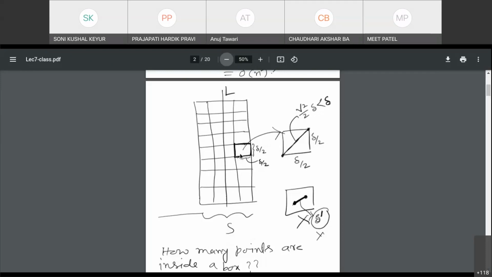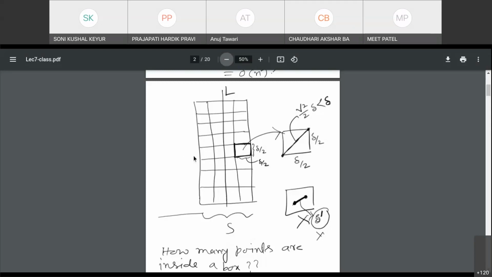And so you cannot have two different points in this square. Because all of these are in the right half and all these points are in the left half, and we said that the minimum distance between two points in the left half or right half is always greater than or equal to delta. So we always had at most one point inside each square.